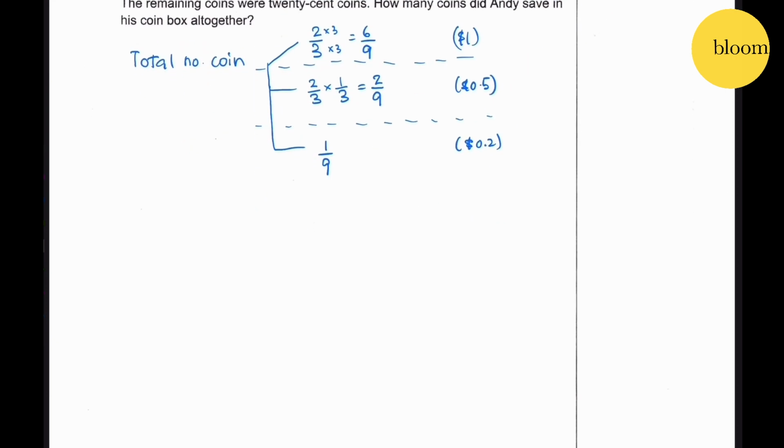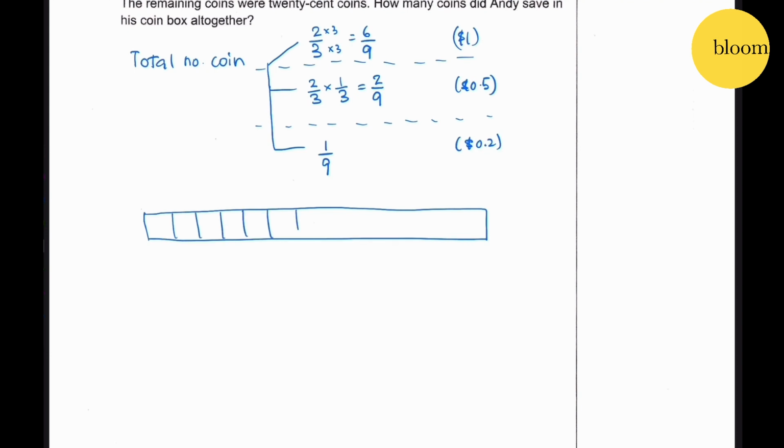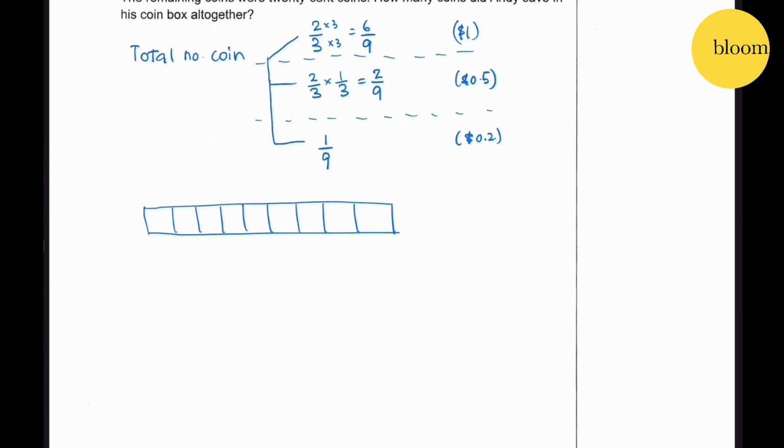So, what we have here is $1 coins, 50-cent coins, 20-cent coins, which has the value of $108.